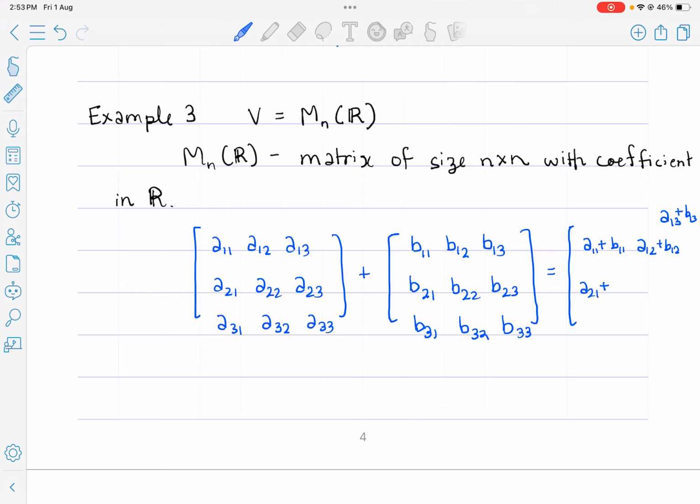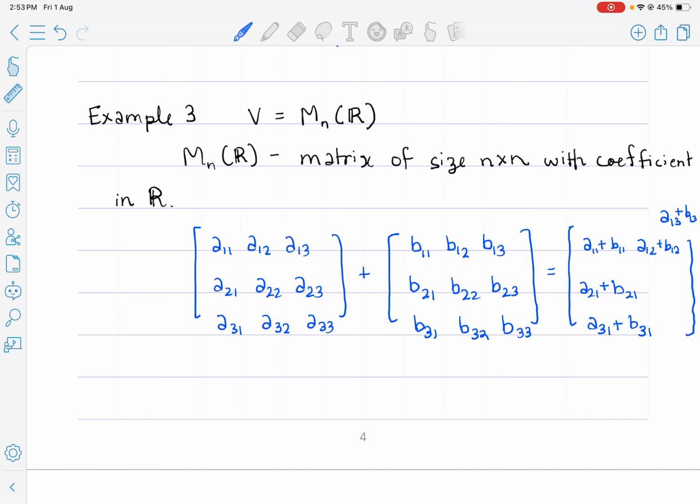You can see what I have defined: I am defining it to be adding entry by entry.